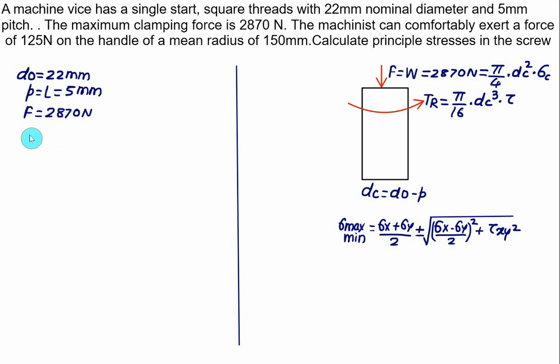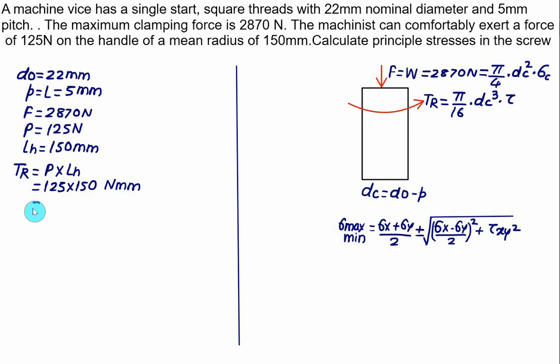The machinist can apply a force P equal to 125 Newton on the length of handle LH equal to 150 mm. So P multiplied by LH will be the torque required to raise the load, that is 125 multiplied by 150 Newton mm, which is 18750 Newton mm.